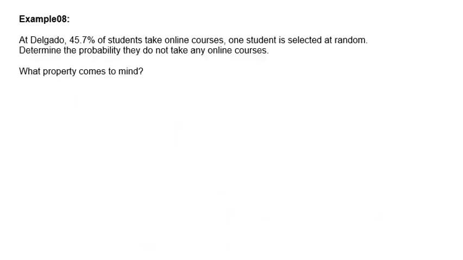All right, example 08. Read the problem. Stop the video. I'm about to work it. All right, so we know 45.7% of students at Delgado are taking courses online. We want the probability they do not take any courses online. These two things are opposites.